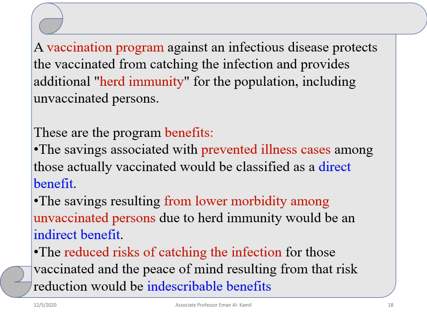And the reduced risk of catching the infection for the vaccinated and the peace of mind resulting from that risk reduction would be an indescribable benefit. When we prevented the infection and the pain and the complications the child or the family would go through, the peace of mind they gained from the vaccination we call indescribable benefit.